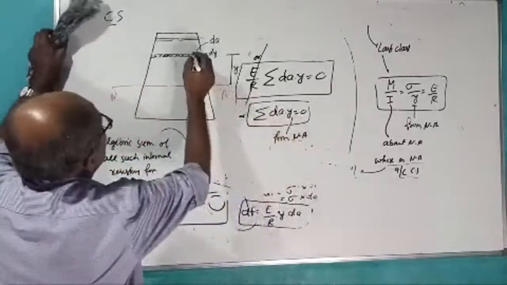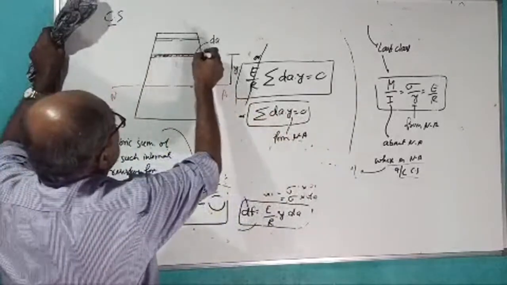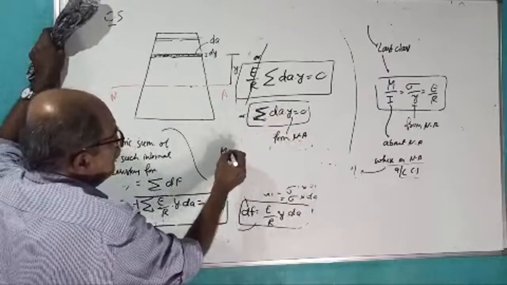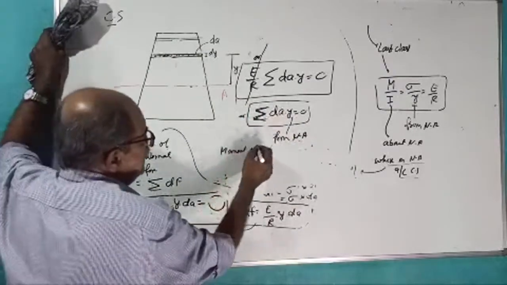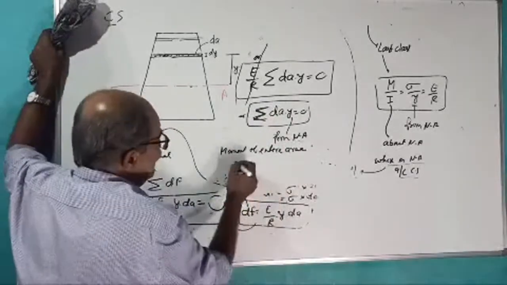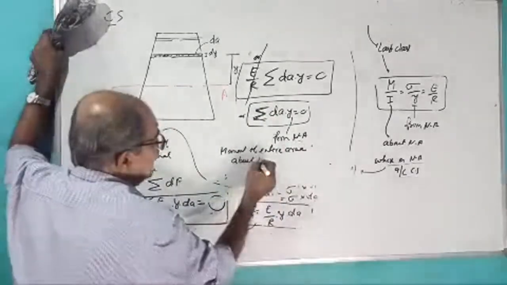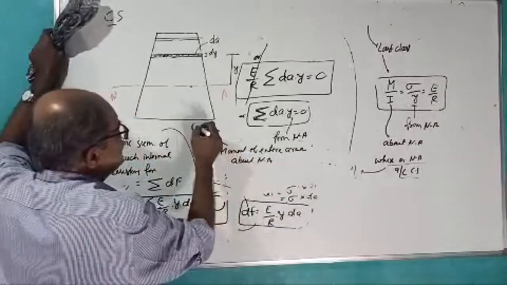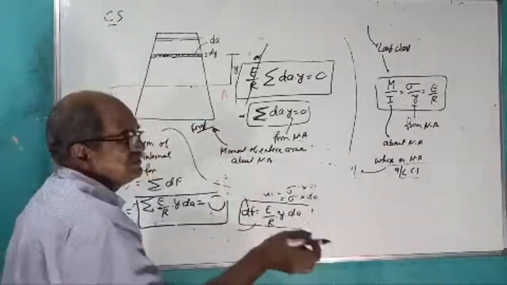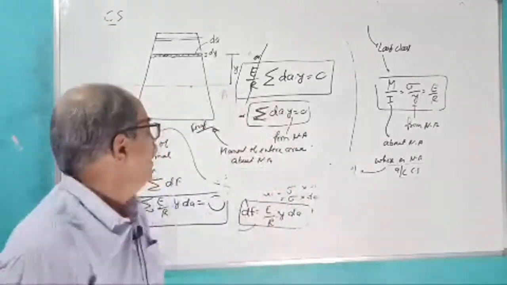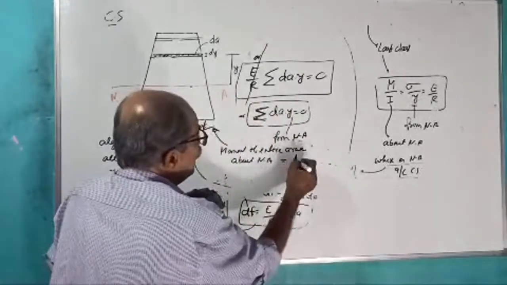Now, dA into Y is called moment of the elemental area. Sigma dA into Y is moment of entire area about neutral axis. You can write that, it is also called the first moment of the area. You can write yourself, those who are interested. It is called first moment of the area, equal to A Y bar.